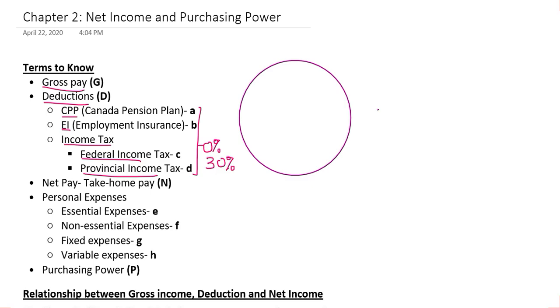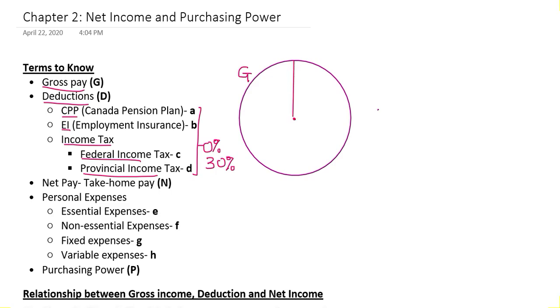Let's say, for example, we have our gross income, which we will represent as G. G is this circle right here, and this circle is divided into different sections. Let's start from the center of this circle.